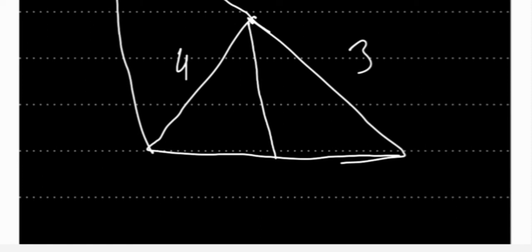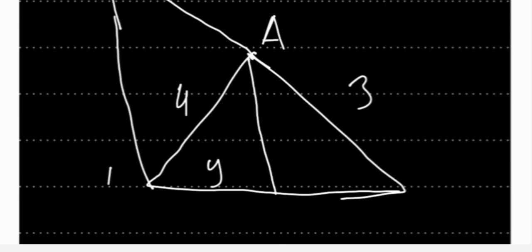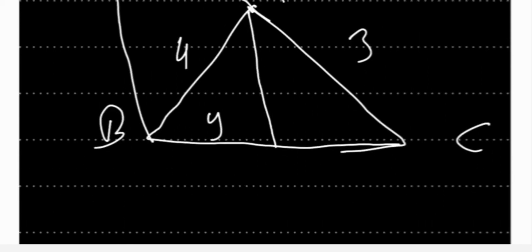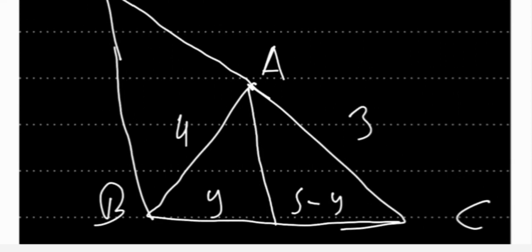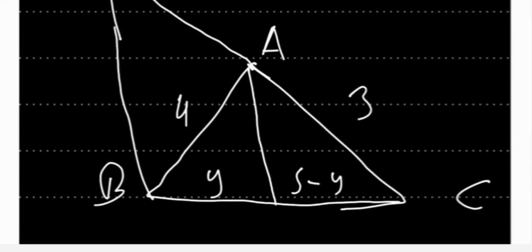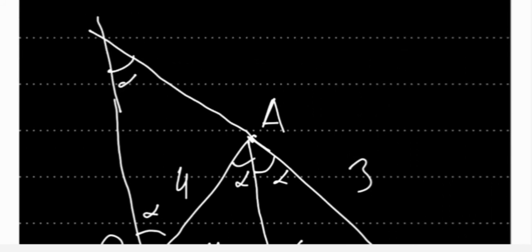I'm going to call this side over here y, and all of it, a, b, c, all of it was 5, right? So this part over here would be 5 minus y. So remember, we proved that this is alpha, this is alpha, and this is alpha. So this is 4 and this is 4. So why is this important?